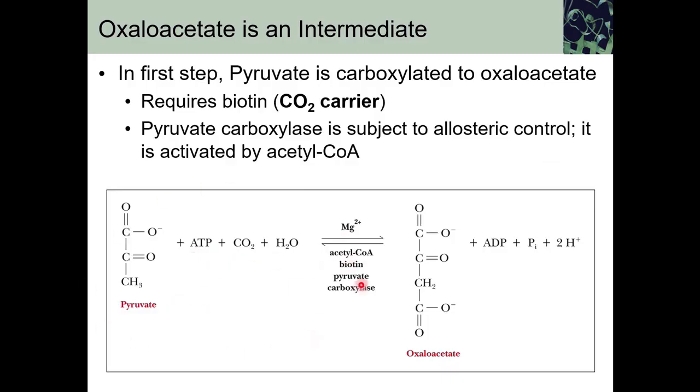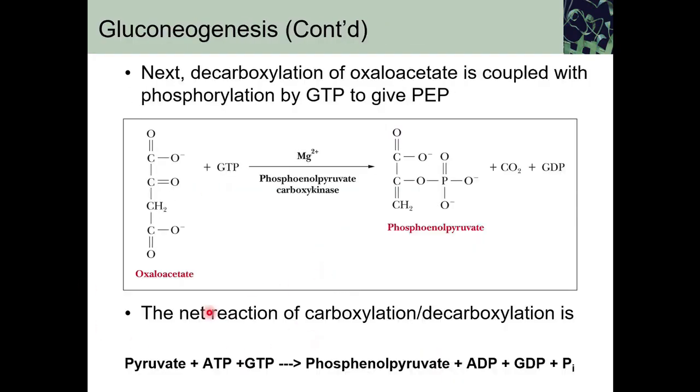The next step is a decarboxylation of oxaloacetate, which is coupled with a phosphorylation by GTP to give phosphoenolpyruvate. Phosphoenolpyruvate carboxykinase catalyzes the decarboxylation of oxaloacetate and its eventual phosphorylation into phosphoenolpyruvate.